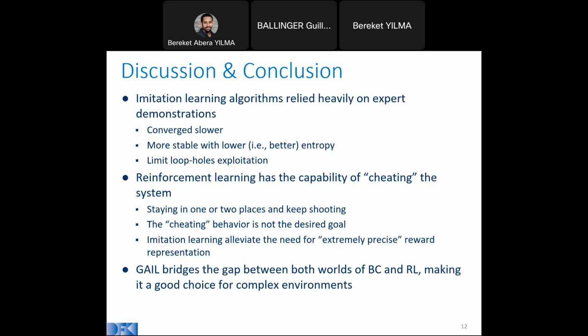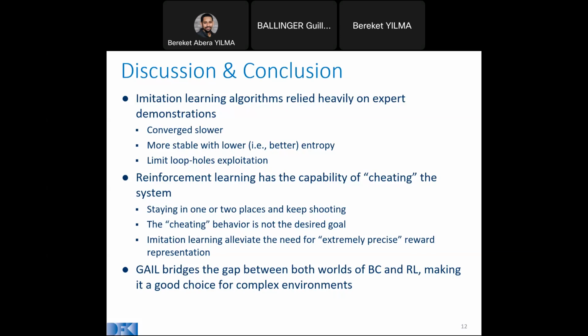So it has no way of actually cheating the system, because it doesn't even get a reward from us anymore. While reinforcement learning can really have this cheating behavior, and although it's maximizing the reward, this is not our desired goal. And it can be very unstable in the prediction, so it usually doesn't get a very good entropy, and sometimes it doesn't generalize well during inference time.